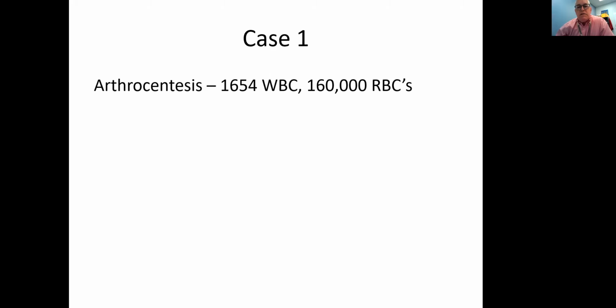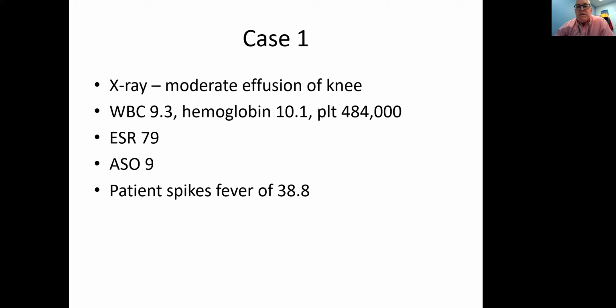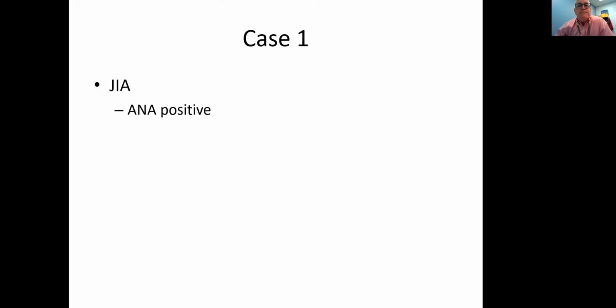So then rheumatology is called to see this patient, and we find a more chronic arthritis affecting multiple joints. So the lesson is examine all the joints. This patient had JIA, and probably had a flare of her knee arthritis in response to infection.